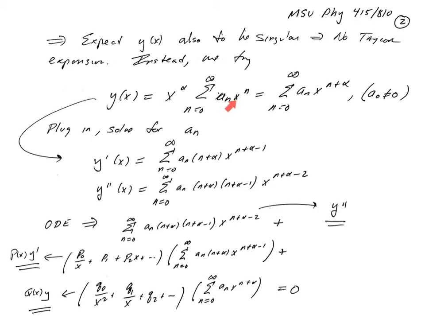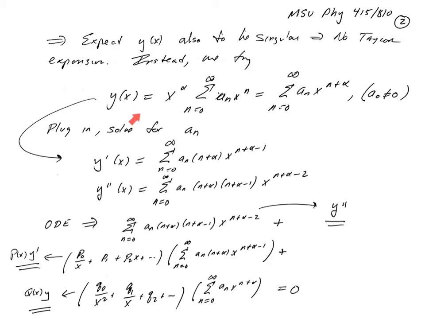If I bring this x to the alpha inside, that means I'm assuming that the solution y of x has an expansion of the form sum n going from 0 to infinity, a n x to the n plus alpha, where alpha could in principle be a fraction or an irrational number, even complex potentially.